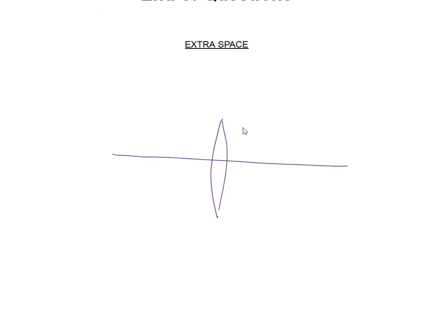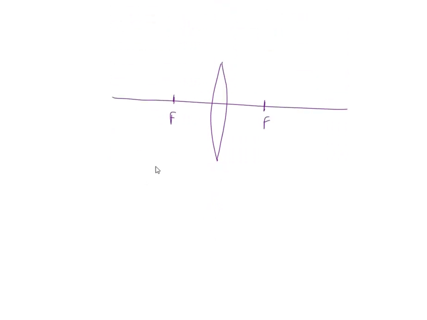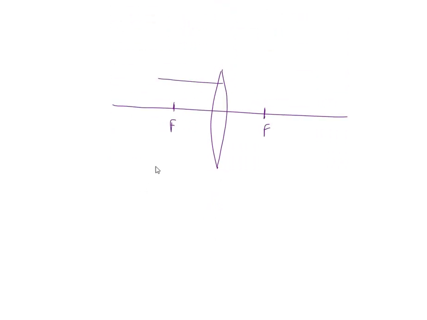Okay, now what we have is this point, the F point. Now if the lens is thick, the light goes through, and then the light refracts, and it goes through this F point there. Okay, so if the lens is thicker, it means that the F point is closer.